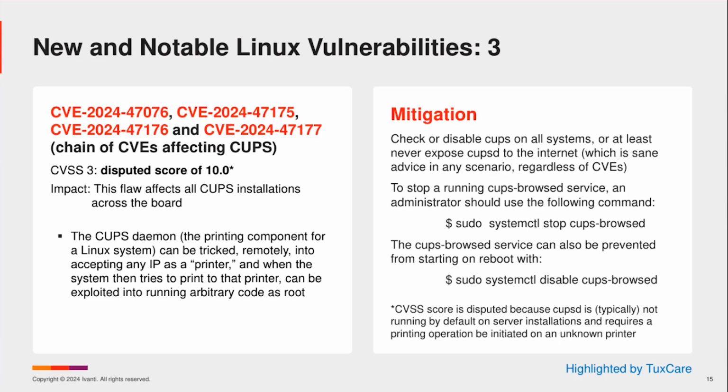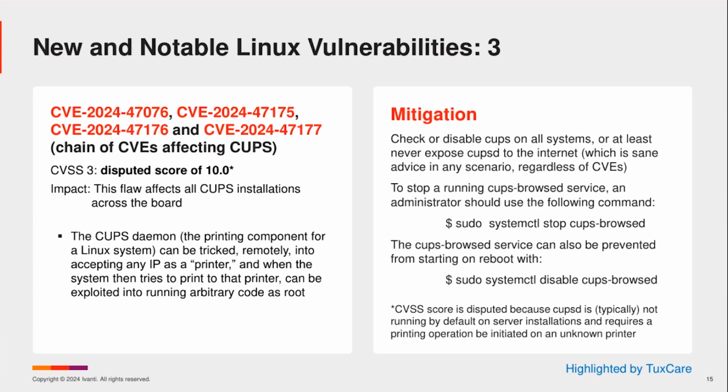If you look to the bottom right there, that CVSS score is being disputed because by default, on server installations, this would not be running. So if you're in a case where that's not running, the CVSS score is lower. If it is running, absolutely a 10 and something you definitely need to be concerned about. So the guidance here is, evaluate this. If it is running in your environment, definitely make sure that you're addressing this.